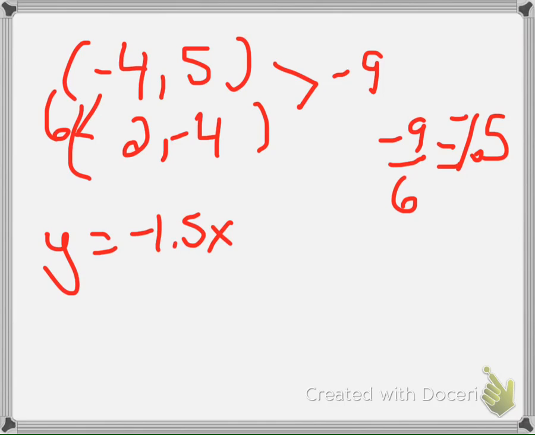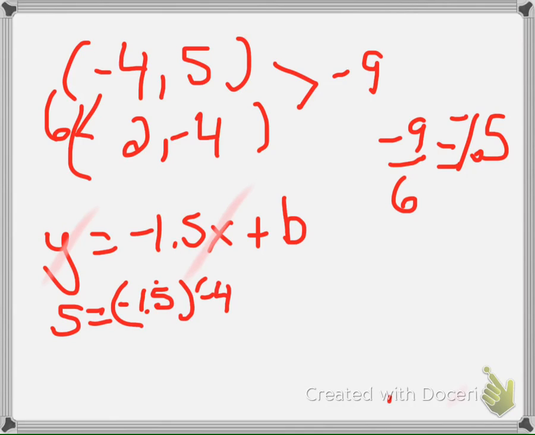Now we have to plus b, and we want to substitute in this and this. So I'll use the y of 5, so I don't have to deal with the negative. So 5 is equal to -1.5, that's my slope, times -4, that's my x, plus b.